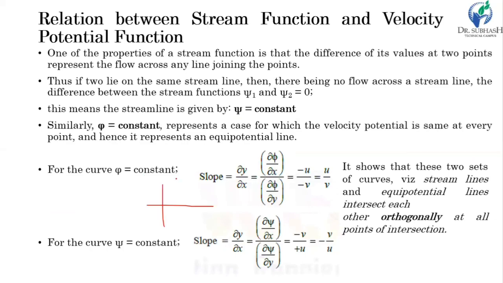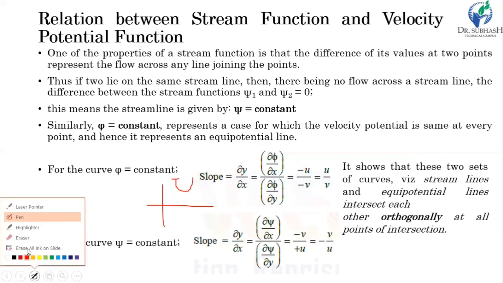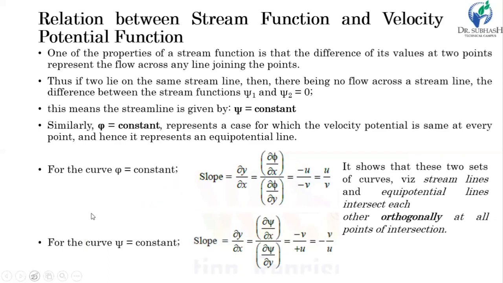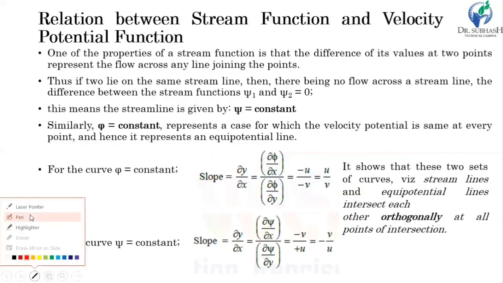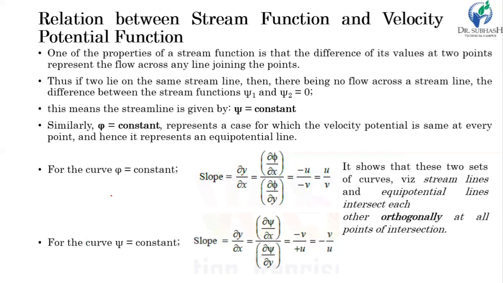It is something like this. Say this is the equipotential line. Say this is any line which has a constant psi function, or we can say the stream function is constant.